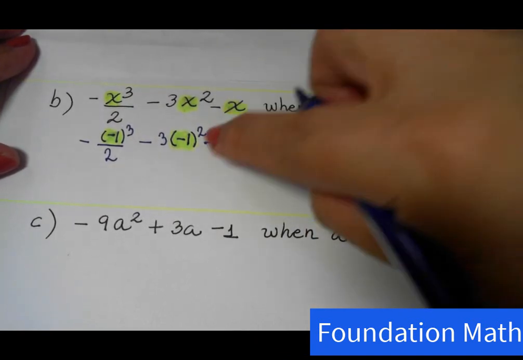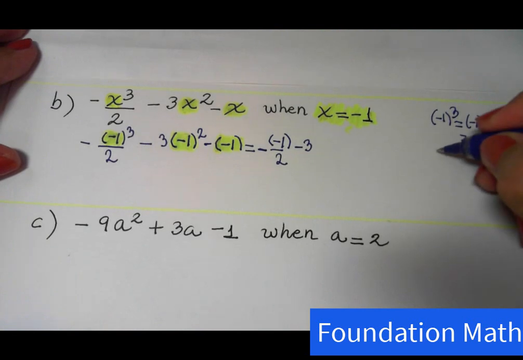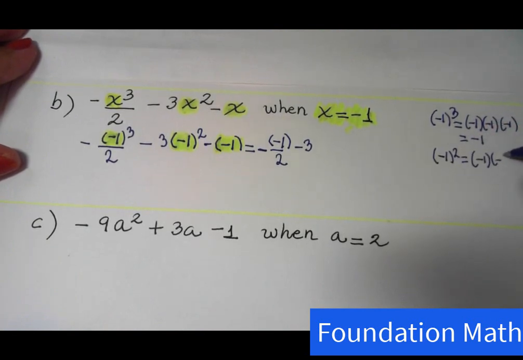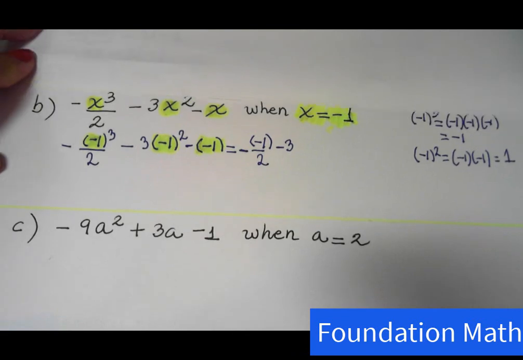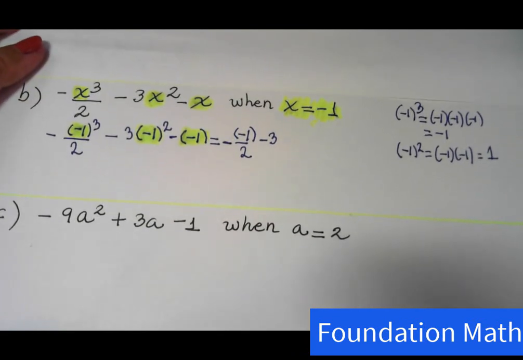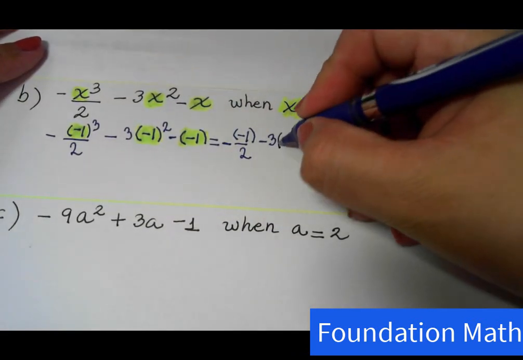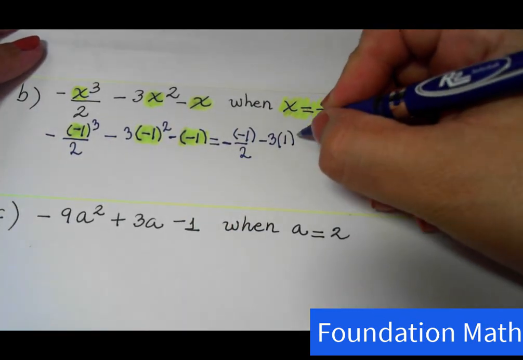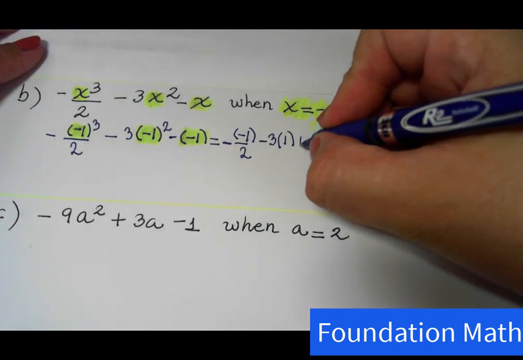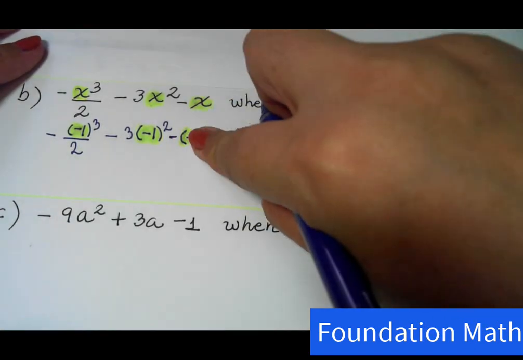minus 3. Negative 1 squared. Remember, negative 1 squared is negative 1 times negative 1, 2 times. It's positive 1. So you're going to write down, if you want, negative 1 squared is positive 1. And negative is positive 1. Remember, negative and negative together is positive.